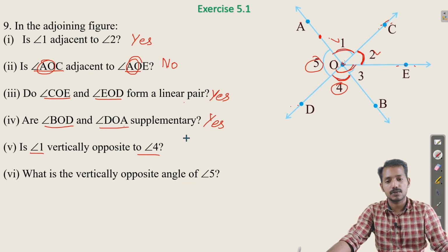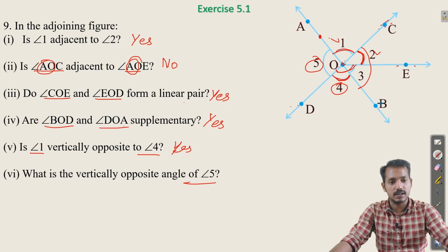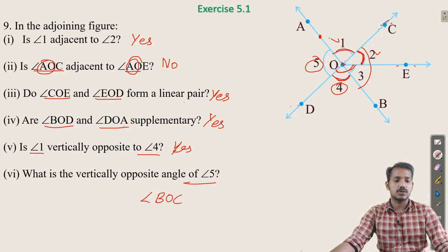So, yes. Next, what is the vertically opposite angle of angle 5? This is angle 5, so this angle should be the vertically opposite angle of angle 5. Here 2 plus 3, or we can name it BOC. So angle BOC.